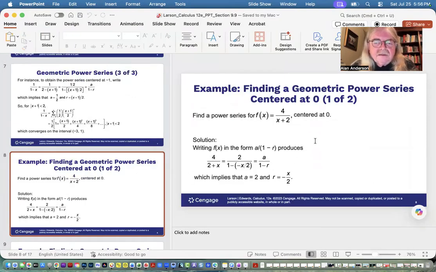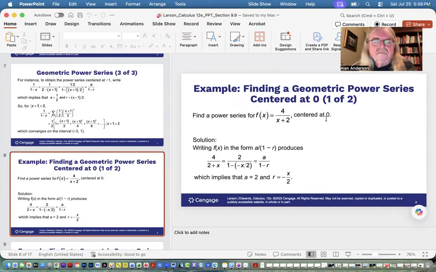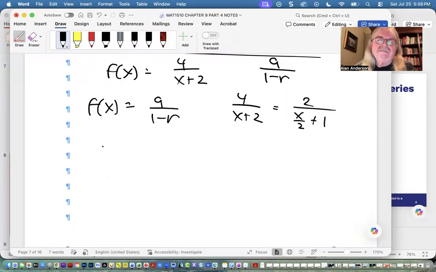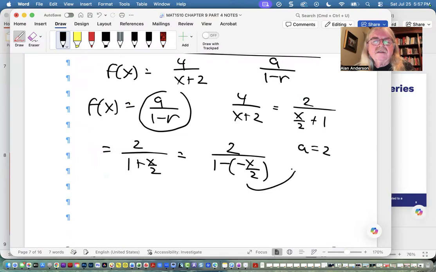And looks like we're going to divide everything by 2, because remember, it needs to be in this form. And so therefore, A is 2 and R is negative x over 2.